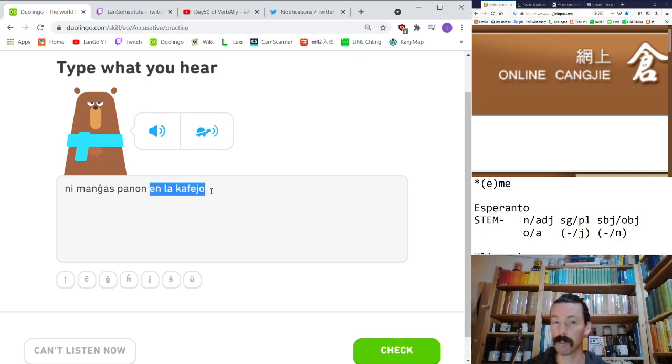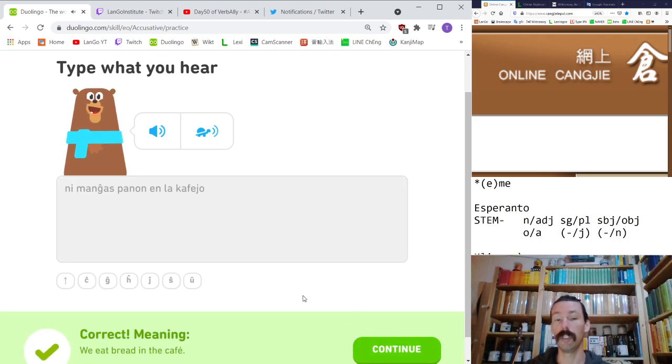It's the object of a preposition, but no object marking suffix there. Only on the direct object of a verb so far. Ni is that you plural or this is the one for we. We eat bread in the cafe. So not the Chinese ni, but we. Ni is we and vi is ye.